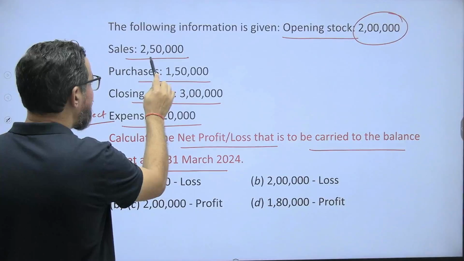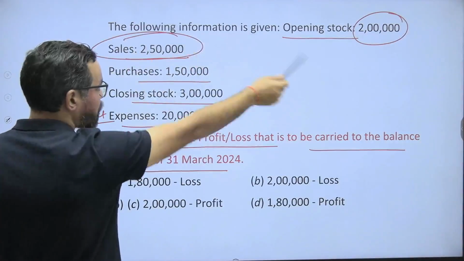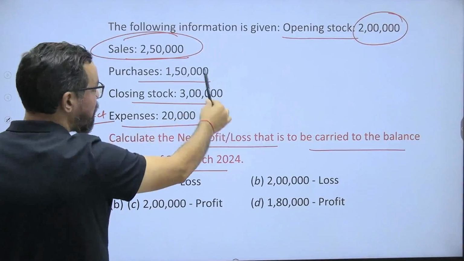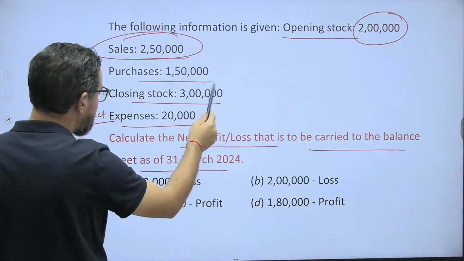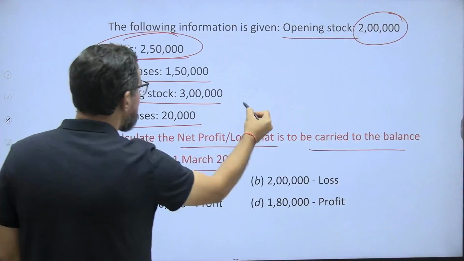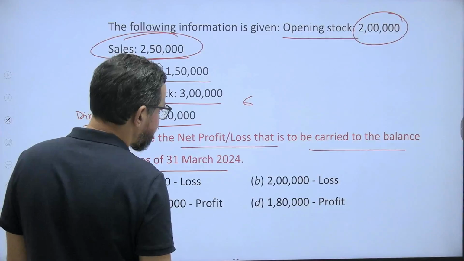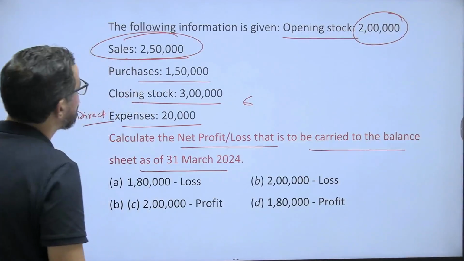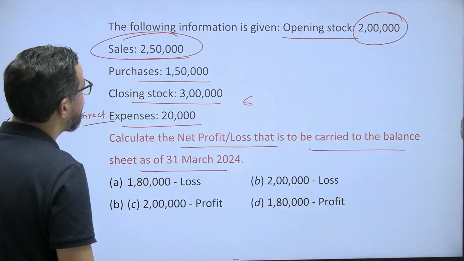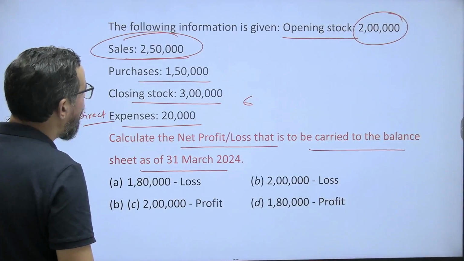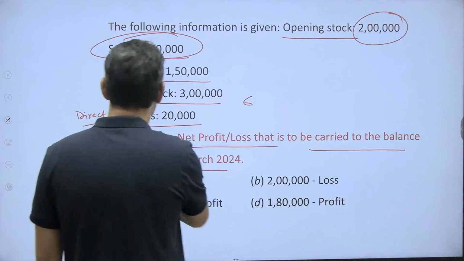Otherwise, it won't impact. So 2,50,000 plus the sale is 2,50,000. 2,50,000, 3,50,000, and 6,50,000. No, what am I doing? What we have to calculate is net profit. Is there some error in this question? Opening stock 2 lakh, purchase is 1,50,000, 3,50,000, and closing stock is this. First ignore this one.